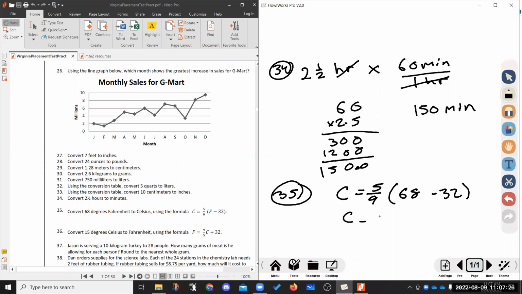So C is going to be 5/9 of 68 minus 32, which is 36. 9 goes into 36 4 times. So our temperature in Celsius is 20 degrees Celsius.